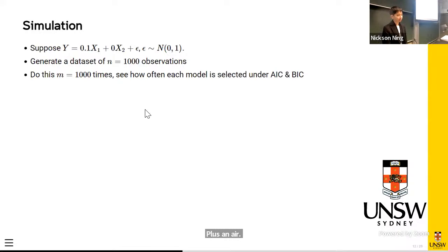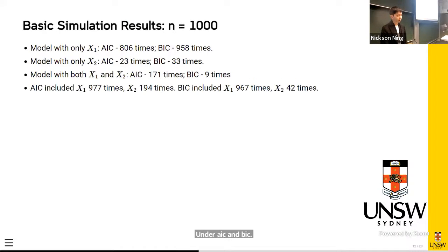If I generate 1,000 observations and do this 1,000 times, I can see which models were selected under AIC and BIC. I want you to focus on this last bullet point here. It's really just the most important one. If you do that simulation, you'll find something like this.